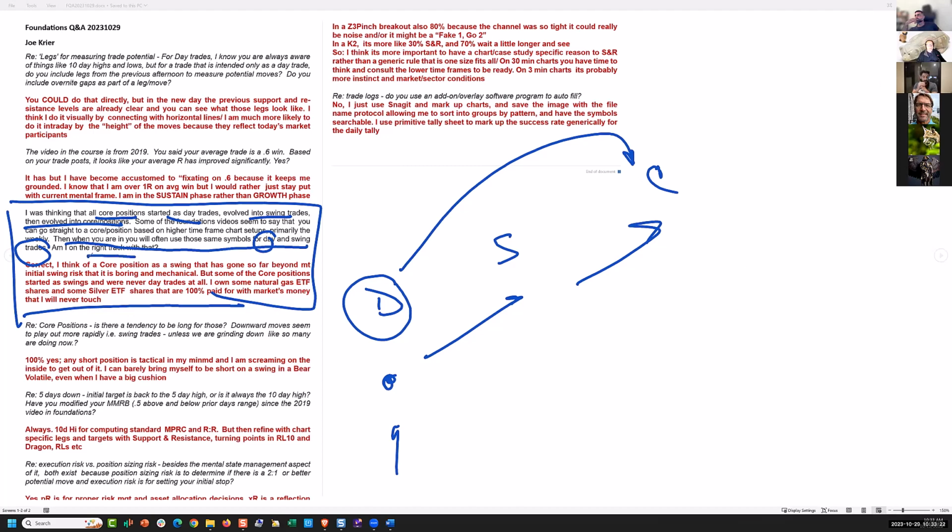I think of a core position as a swing that has gone so far beyond my initial risk that it's boring and mechanical. But some of the core positions started as swings first and were never day trades at all. Like, I own some natural gas shares and some silver shares where the entire position was paid for, not just the risk on it, but 100% of it, purely with the market's money.